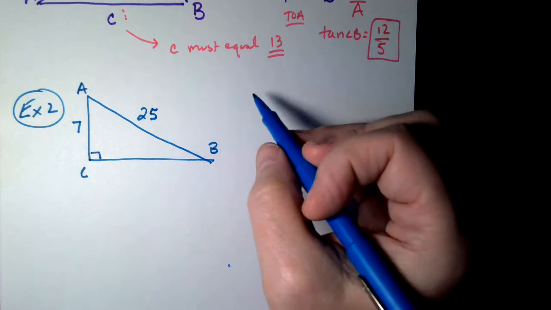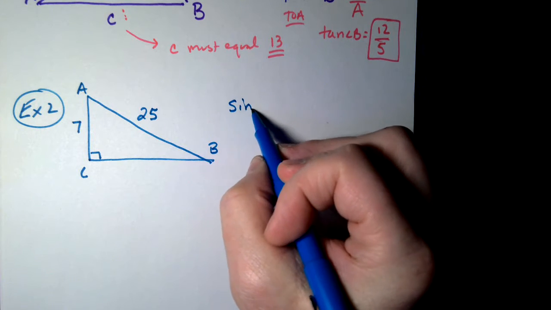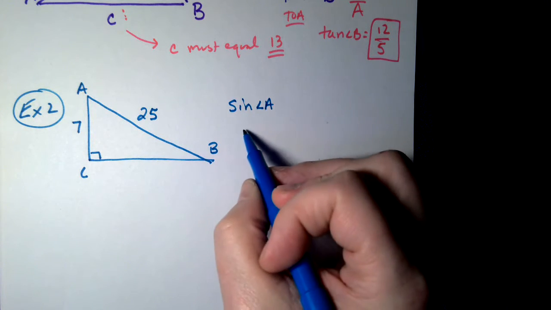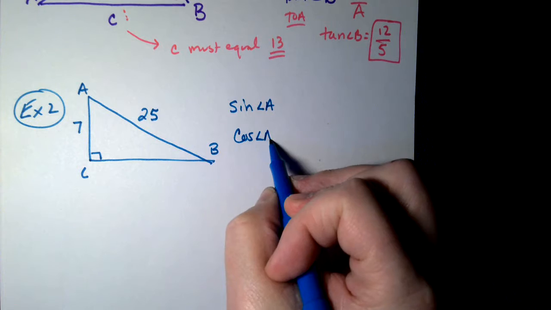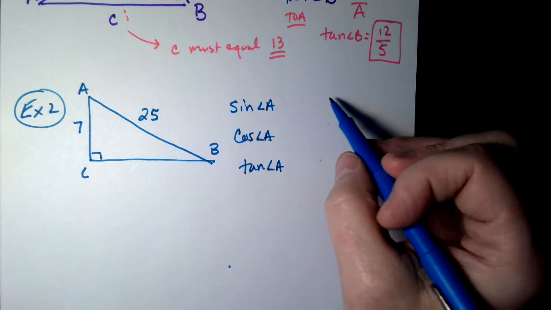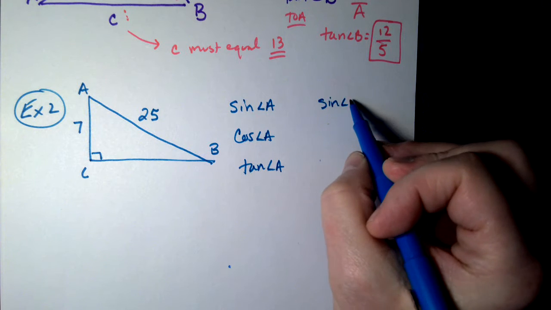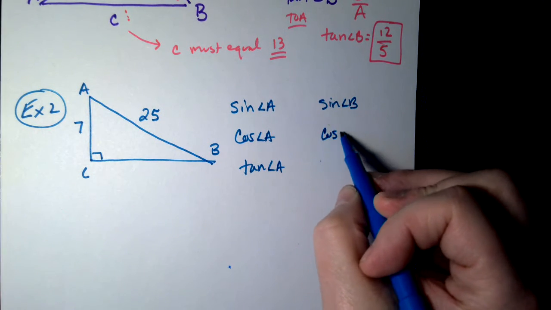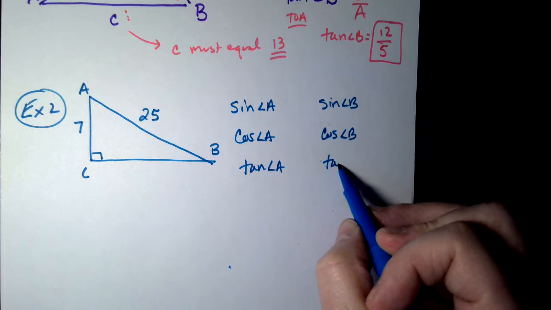I'll leave that one blank. So you've got to find the sine of angle A, cosine of angle A, tangent of angle A. Then I'm going to ask you the same thing for angle B. Hey, what's the sine of angle B? What's the cosine of angle B? What's the tangent of angle B?